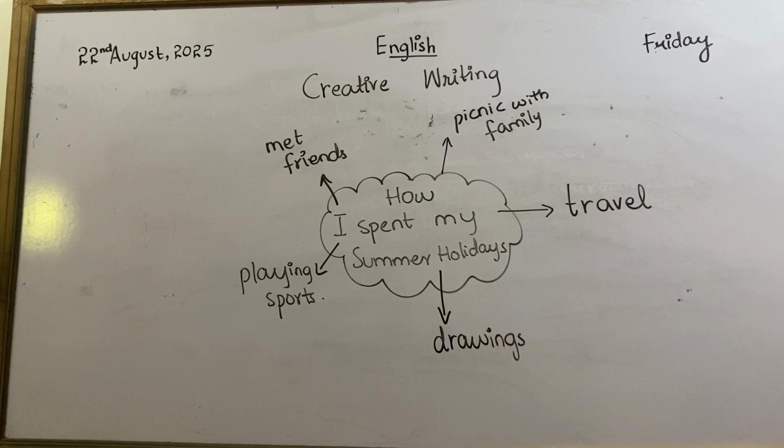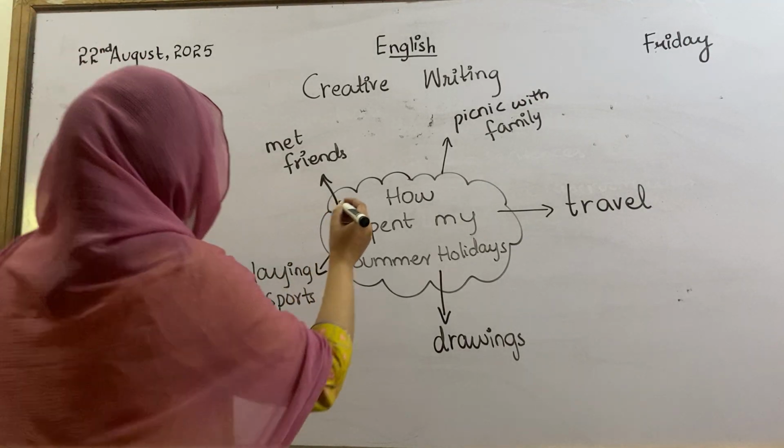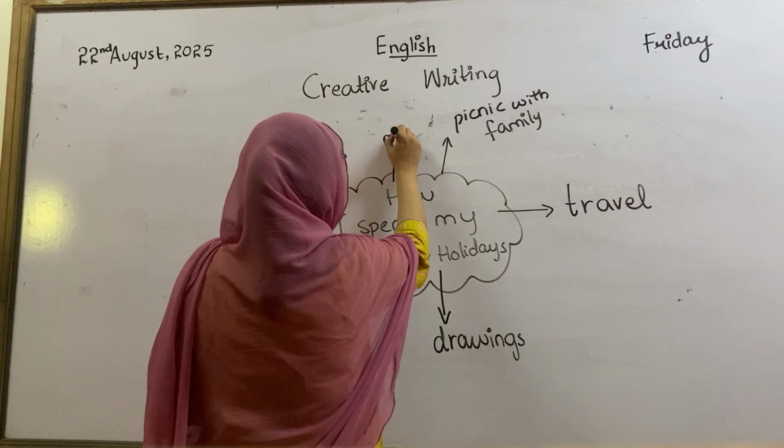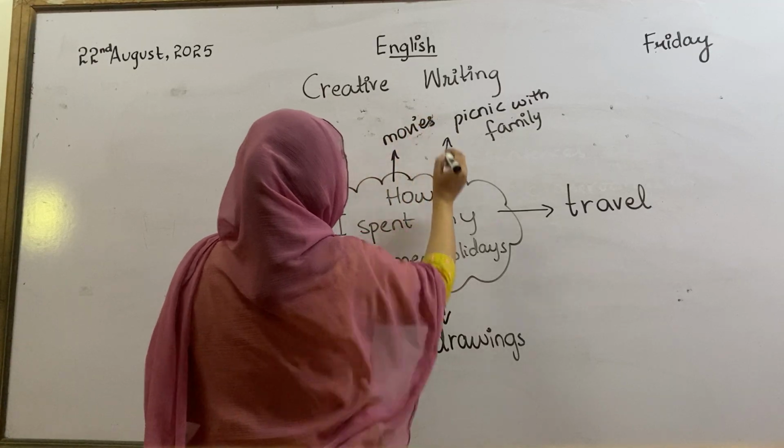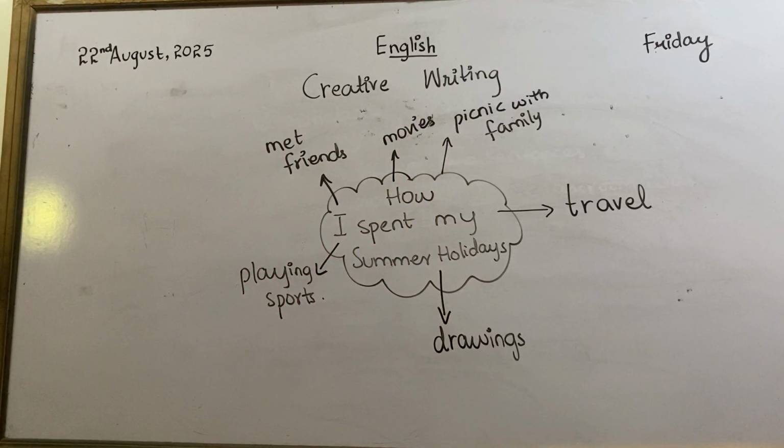Who has watched movies? Well, I like to watch movies. The animated ones. Animated movies are very nice. It helps to improve our vocabulary, and it also helps to understand the English better. It helps in the understanding.